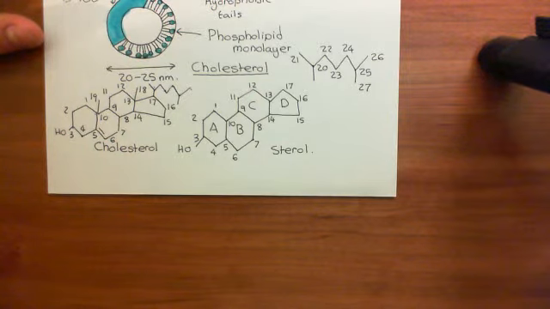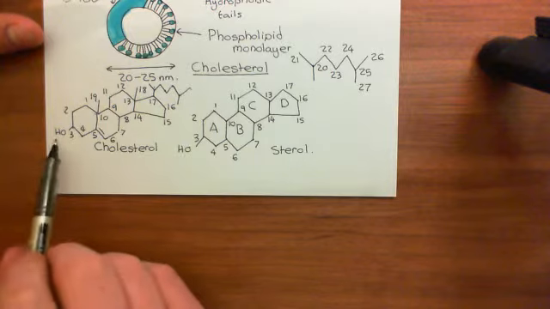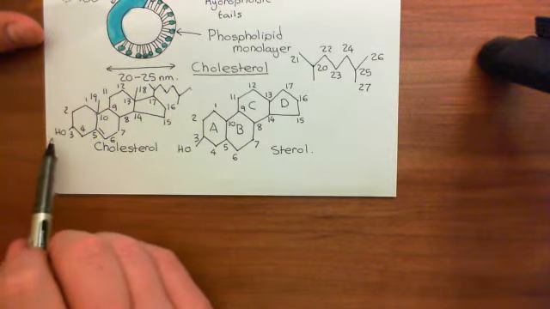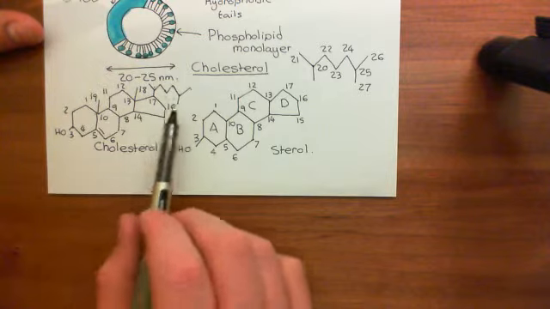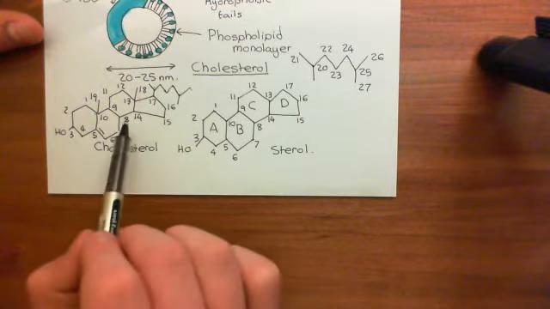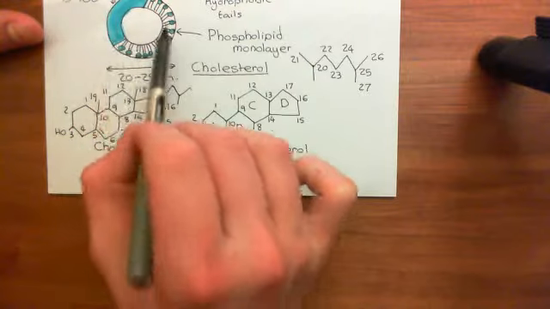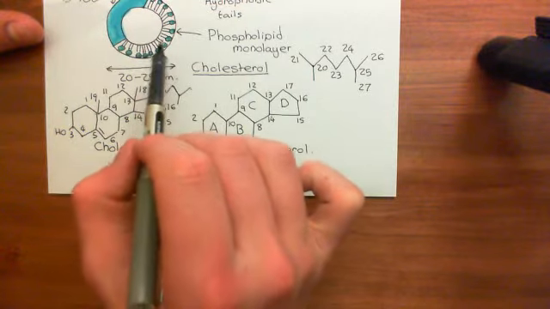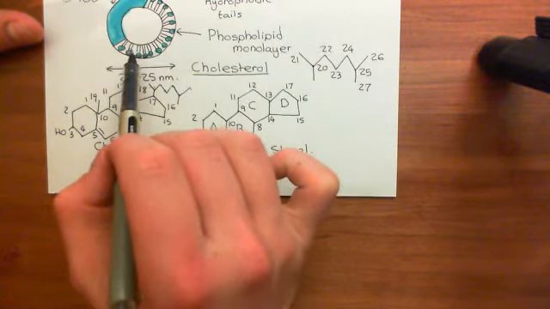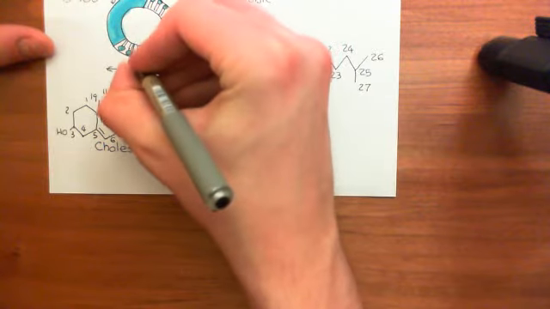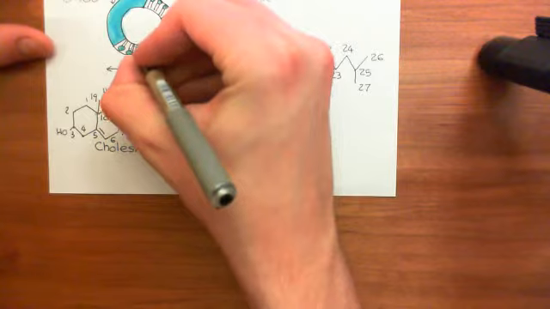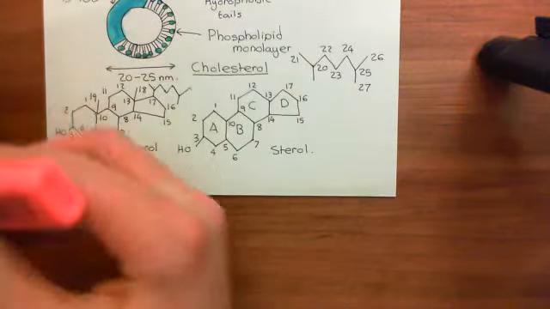Okay, right, so now let's, as promised, discuss the significance of having this one little glimpse of polarity in an enormous great hydrophobic structure. Well, the significance is that cholesterol molecules that are being transported in the LDL molecule can actually be transported in the phospholipid monolayer. So, for instance, I've got a nice gap here. I'm going to stick a cholesterol molecule in there, and I'll colour it in red.